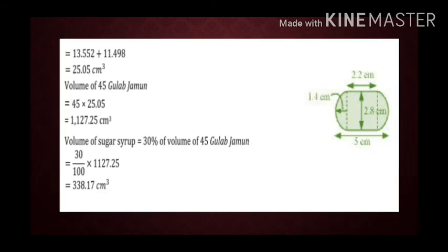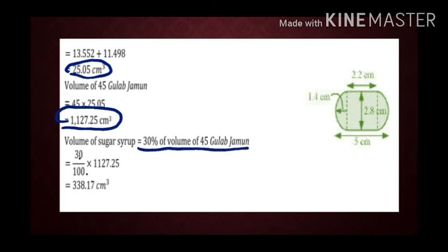That means 1 gulab jamun is containing 30% of its volume. Similarly, 45 gulab jamuns contain 30% of their volume. So, the 30% of the volume of 45 gulab jamuns will be 30 by 100 into this volume.